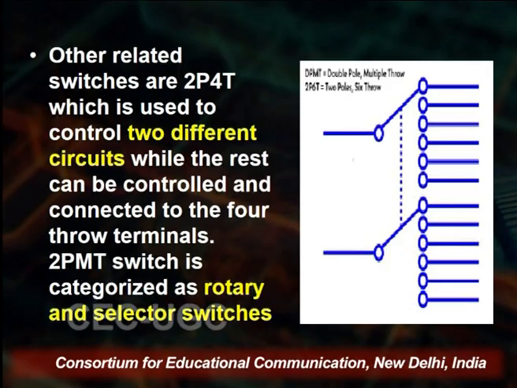These types of switches with a common lever are used as changeover and selector switches for multi-way switches. You see on the screen that we are using multiple throws and two poles. In the blue diagram, on the right hand side we have a number of throws and on the left hand side we have two poles.